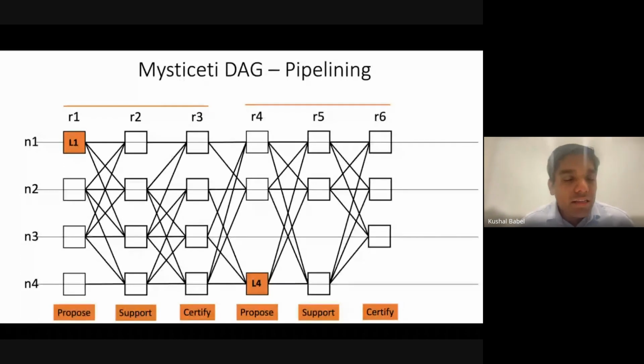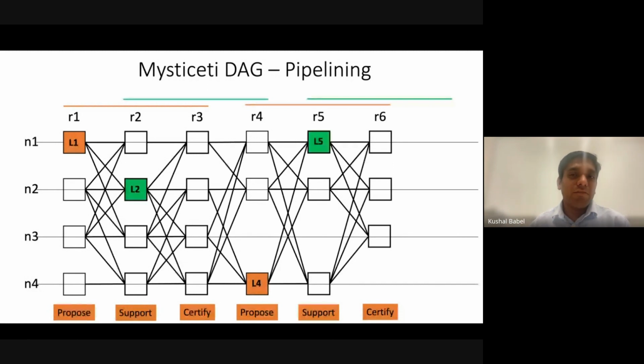And so the next feature of the protocol is that you can pipeline these commits. So we don't need to only commit in round 1, round 4, but we can have pipelined waves. So we can also have proposals in round 2, round 5, and so on. So the round 1 proposal is committed after round 3. The round 2 proposal will be committed after round 4, right? And so on.